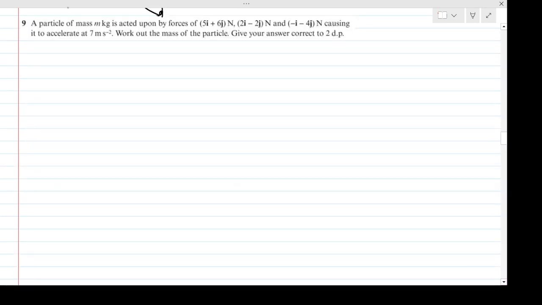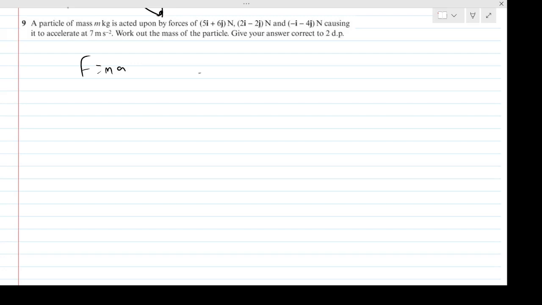We are told a particle of mass m is acted upon by the forces of 5i + 6j, 2i - 2j and -i - 4j, causing it to accelerate at 7 meters per second squared. Interesting. Acceleration is a number, not a vector. Okay, well, we're still going to use F = ma. So we need to find the mass m.